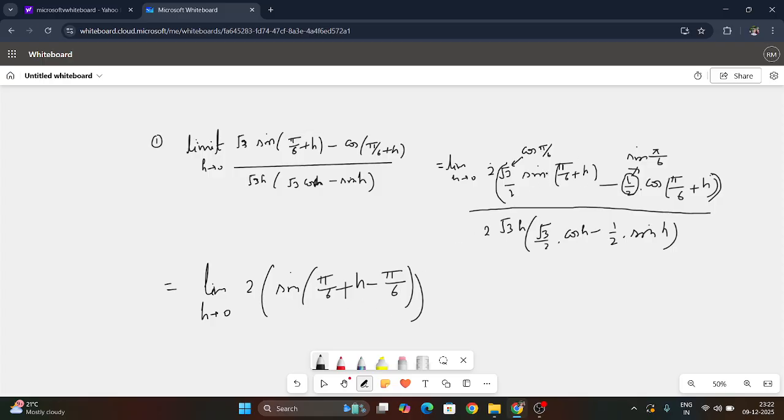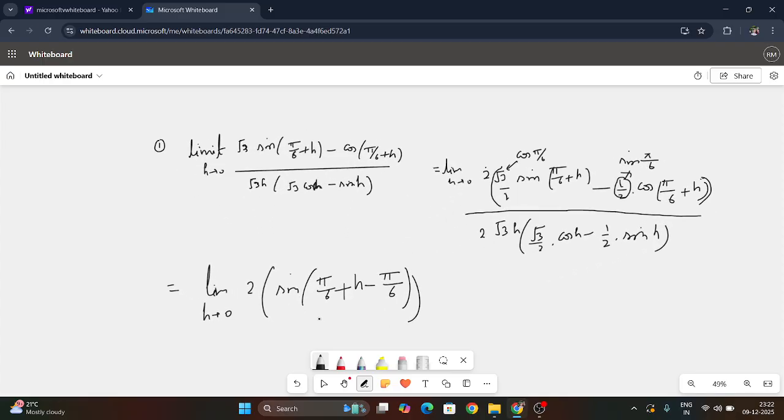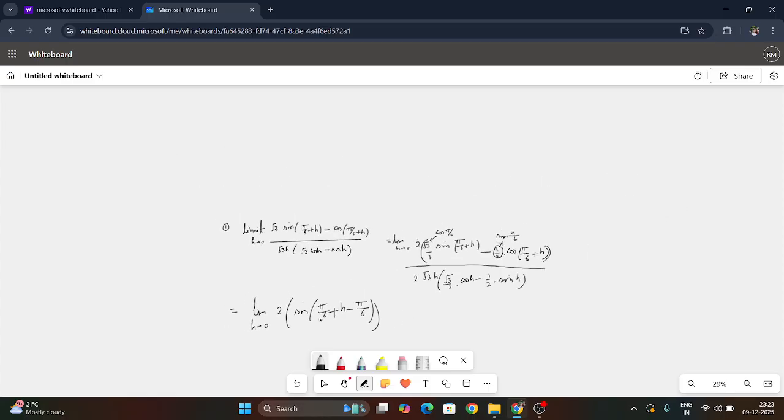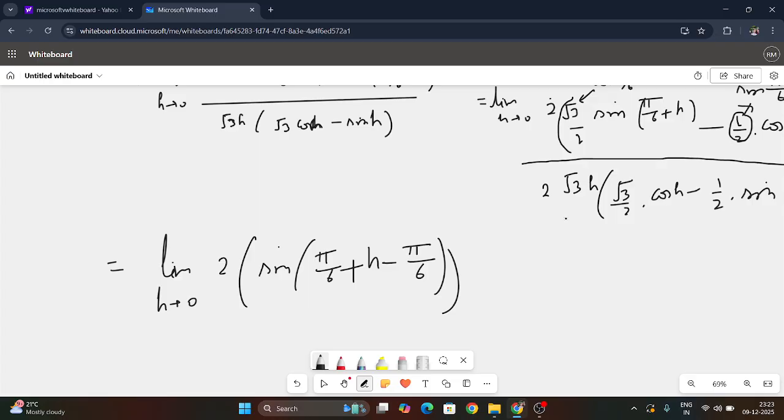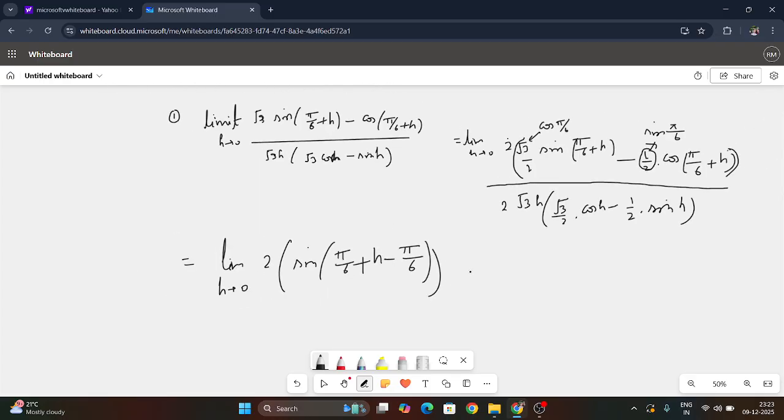In the denominator it is 2 root 3 h, and you can write this in terms of sine as sin(pi by 6 minus h), again using sin a cos b minus cos a sin b.